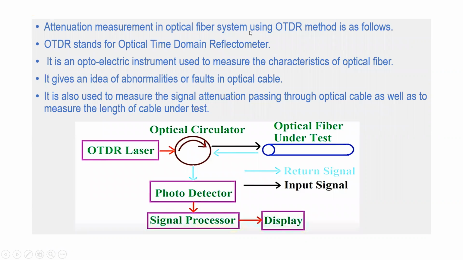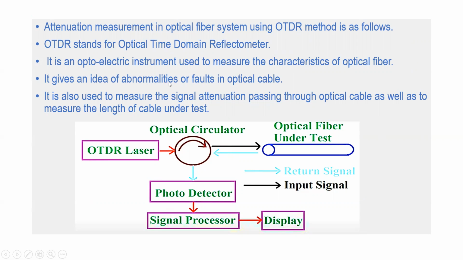Attenuation measurement in an optical fiber system using the OTDR method is as follows. The next point we have written is that OTDR stands for optical time domain reflectometer. It is an optoelectronic instrument used to measure the characteristics of the optical fiber.